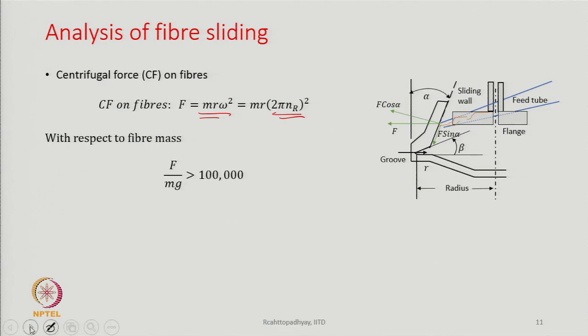So, if this is the centrifugal force F, then it has two components, one is perpendicular and the other is towards the base. F sin alpha is forcing the fibers to go down and down, and it will finally reach the rotor groove where the diameter is maximum. So, you want the fibers to be deposited in the groove and remain compressed there.